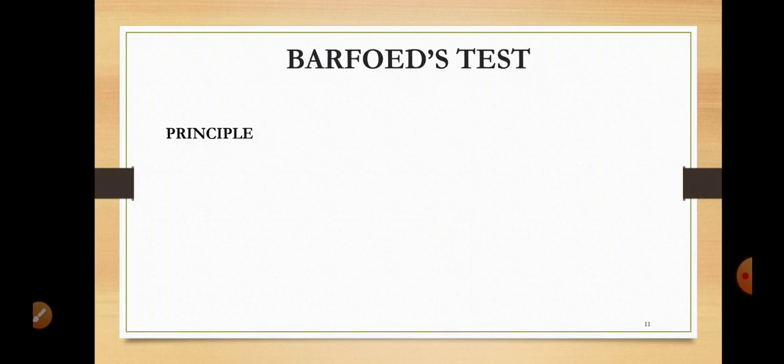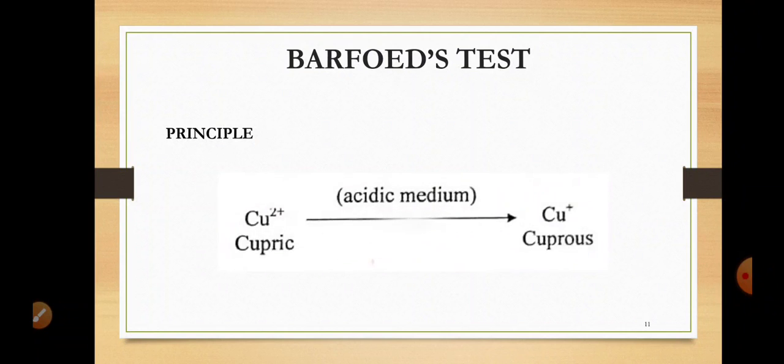So what is the composition of this Barfoed's reagent? It contains copper acetate monohydrate, glacial acetic acid and water. What is the principle involved in the Barfoed's test? Again, the cupric ions in an acidic medium get converted to cuprous ions, which react with the reducing sugar present.